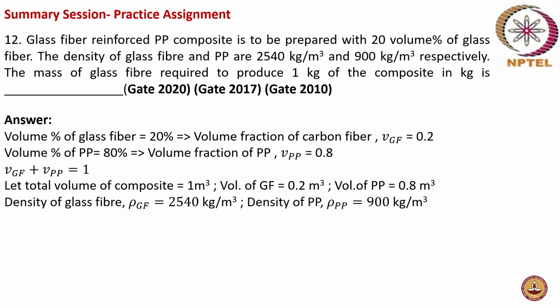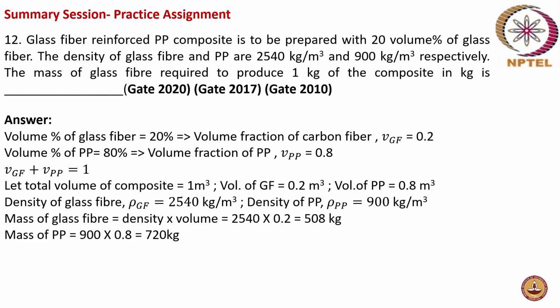And then you have the densities of glass fiber and PP. So your mass of the glass fiber will be density into volume, and your mass of PP is density into volume in this case also.